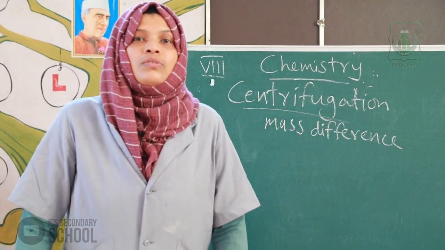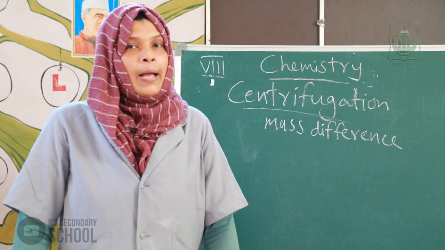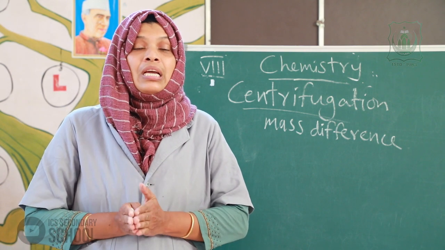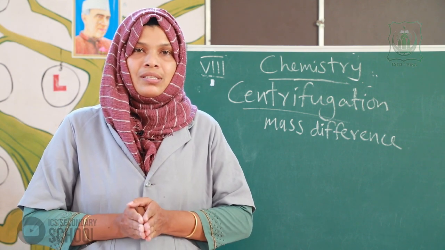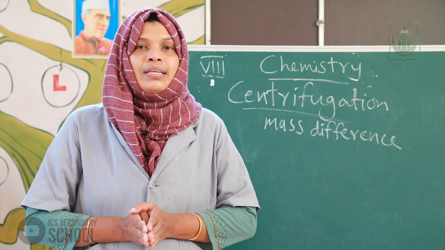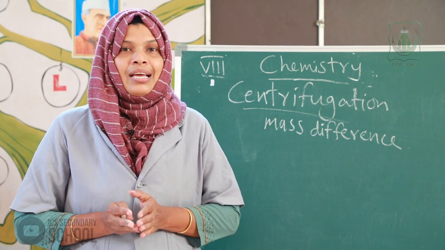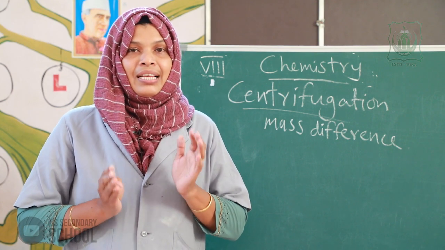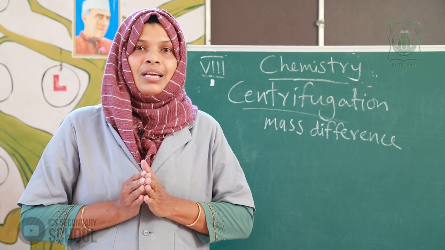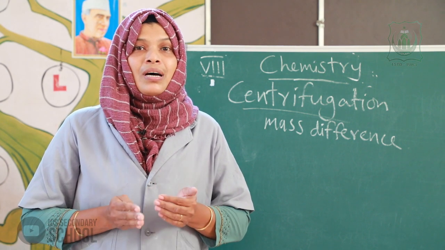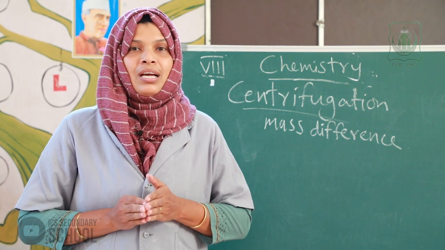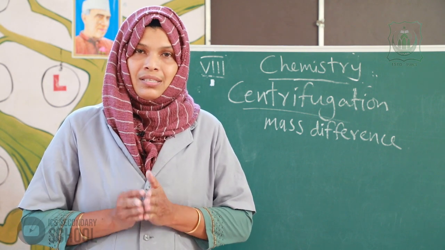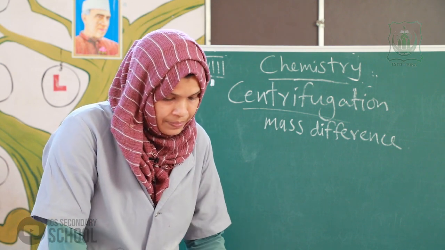This method is used to separate blood cells from a blood sample, also for quick precipitation in laboratory experiments, etc. Here we take this liquid mixture in a test tube, and it is rotated in the instrument. We can get higher mass away from the center and lower mass closer to the center, and we can separate it.